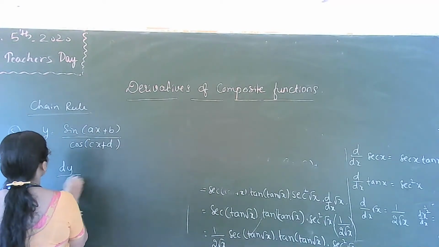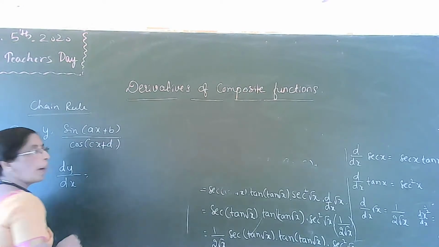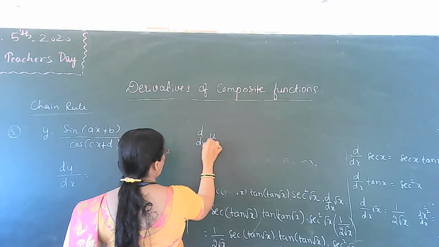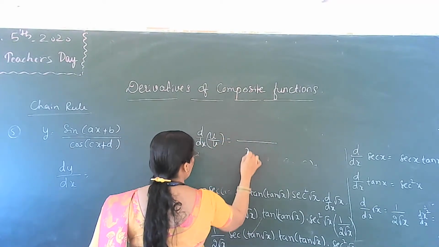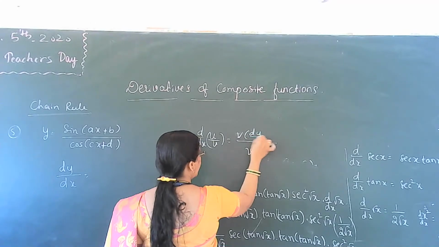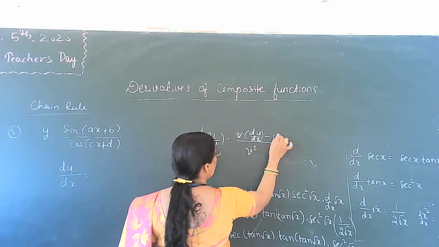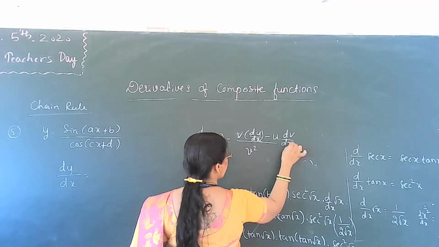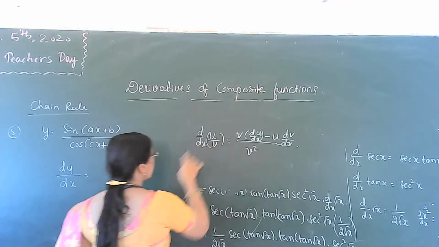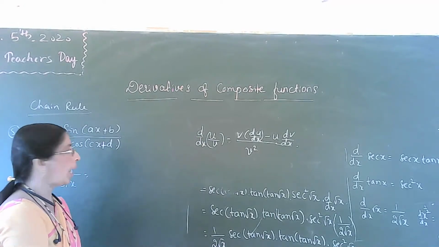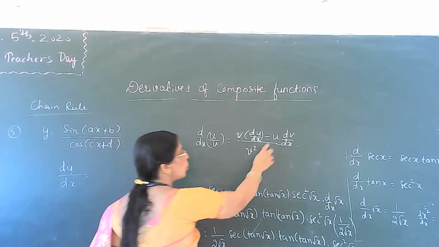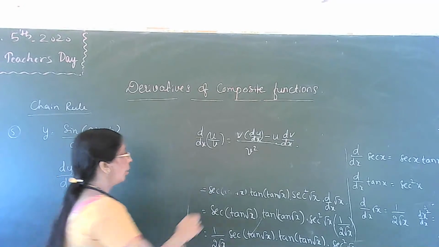dy by dx is equal to, it's a u by v function. d by dx of u by v is equal to v into du by dx minus u into dv by dx, divided by v square.